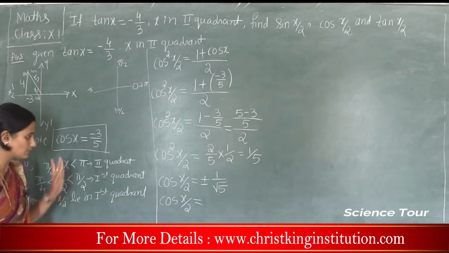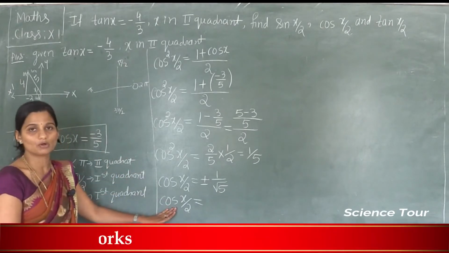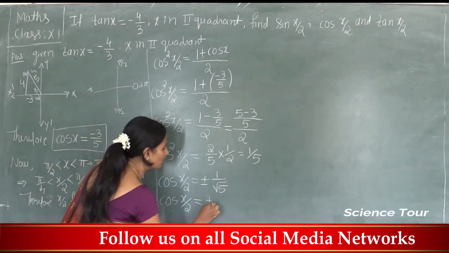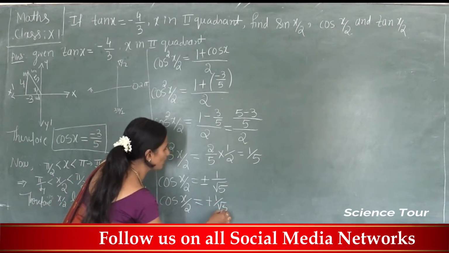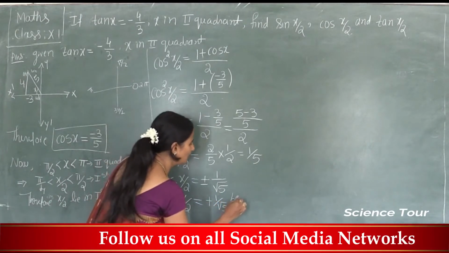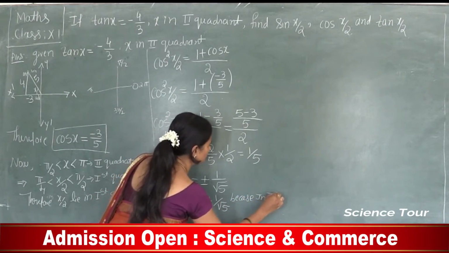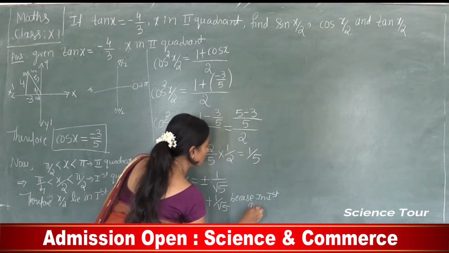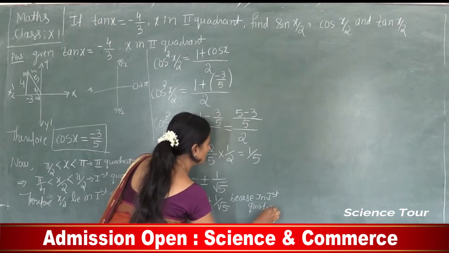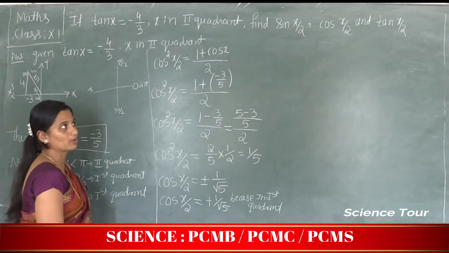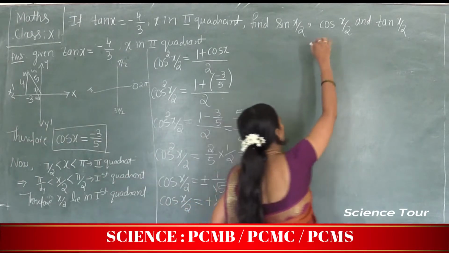In the first quadrant, is cos positive or negative? It is positive. So the answer is plus 1 by square root of 5, because it lies in the first quadrant. Clear now? So the value of cos x by 2 is 1 by square root of 5. So we got the answer for this one.